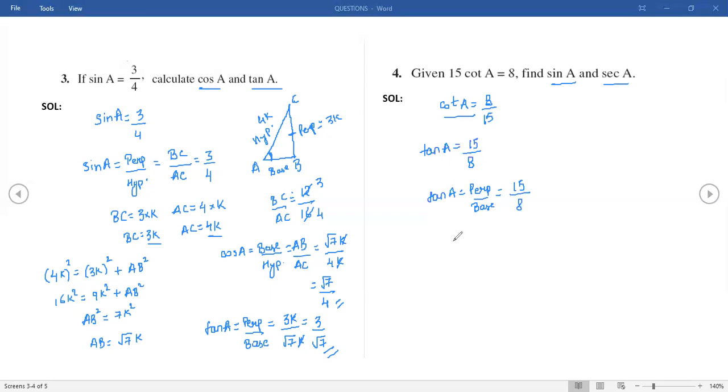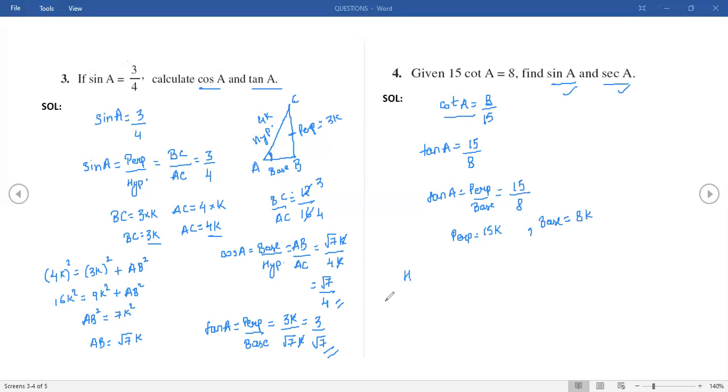So I can take perpendicular as 15K, as we did in the previous question, and base as 8K. Because we need to find sine and sec, and both include the hypotenuse, the first thing we have to do is find the hypotenuse.